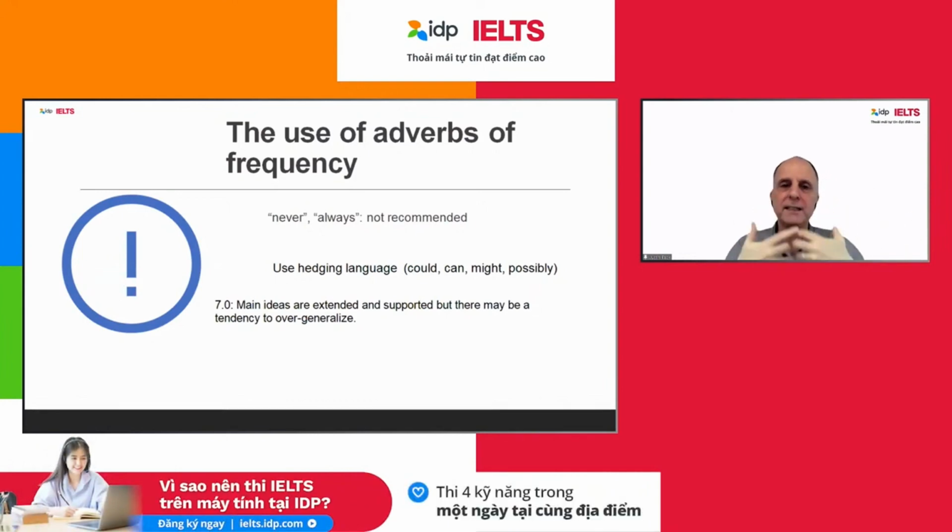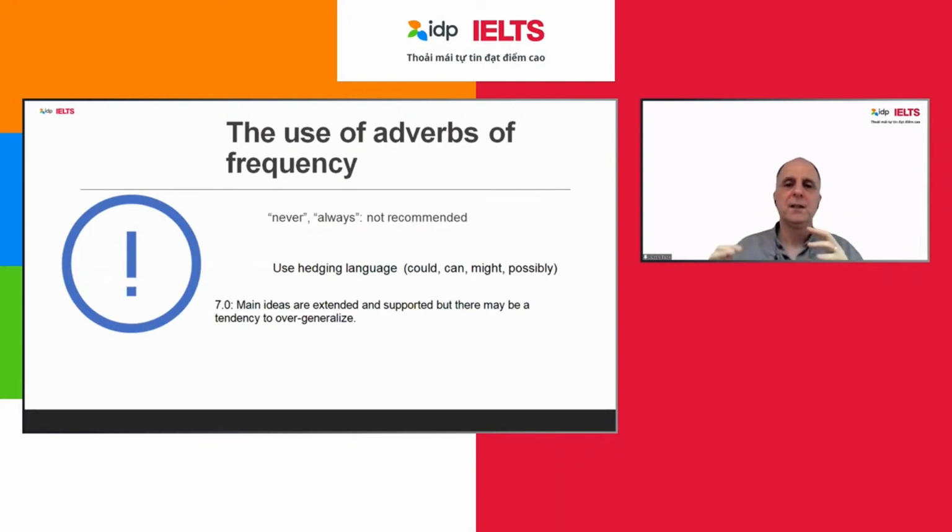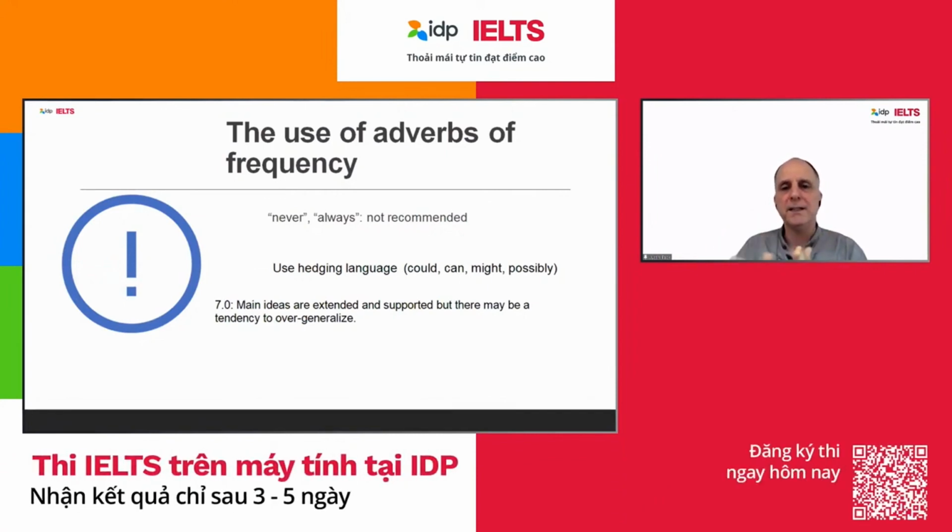But when you're writing about your own opinion, I would be a little bit stronger. Okay, so I strongly believe this can rather than could. You see? So be careful, once again, try not to say this will always happen, etc.